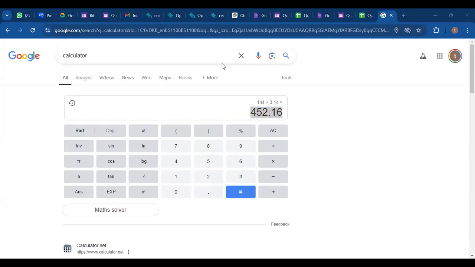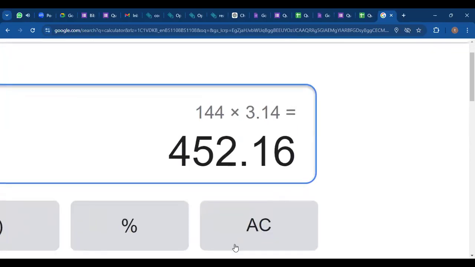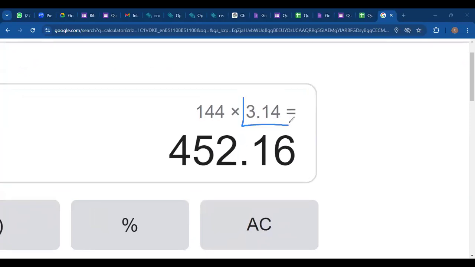You do not put the decimal point until the end. You know how many decimal places to use based off of this number, because this number has two numbers behind the decimal point. So your answer must only have two numbers behind the decimal point. That's how you know. What about the 144?